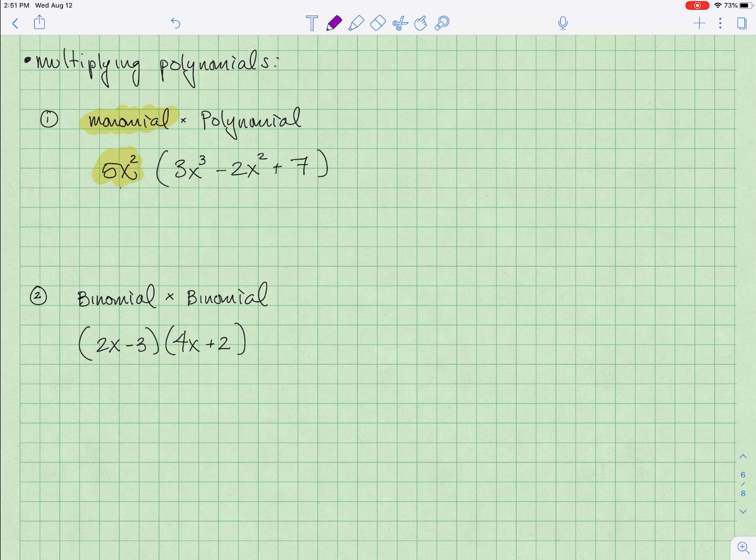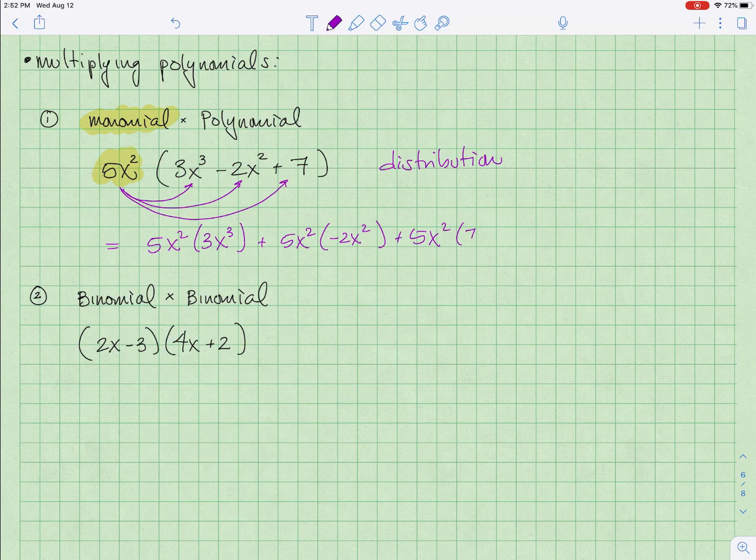And to do that, we're just going to use some simple distribution. So this is equal to 5x squared times 3x cubed, plus 5x squared times negative 2x squared, plus 5x squared times 7.